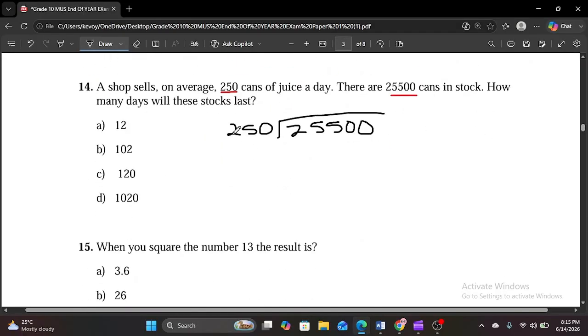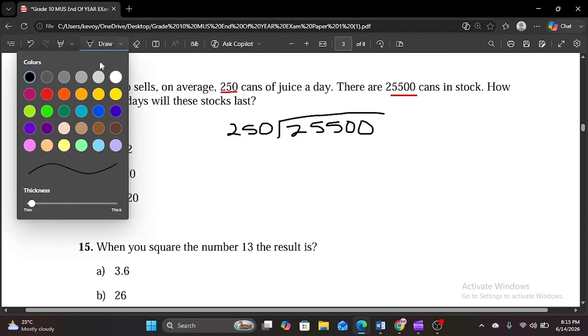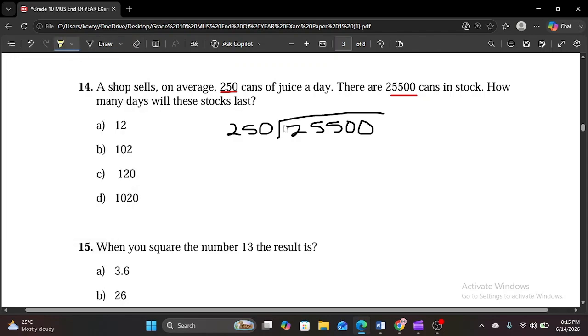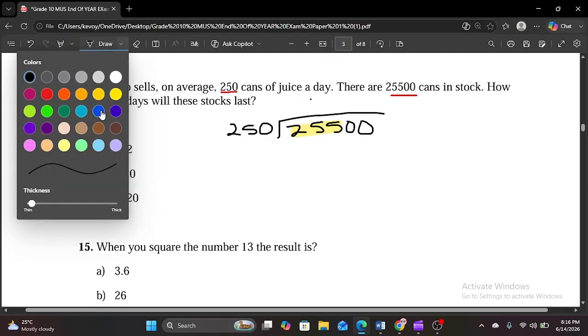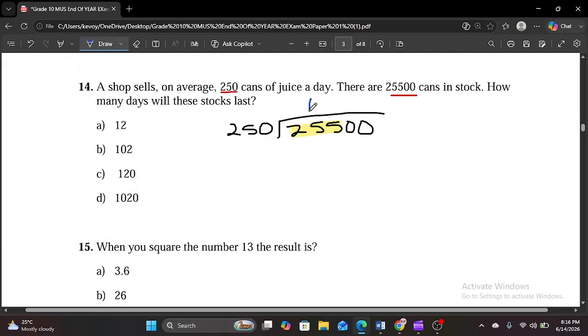So I'm going to divide first by 255. How many times can 250 go into 255? Well, obviously, one time. So 1. Because 1 times 250 is going to be 250.